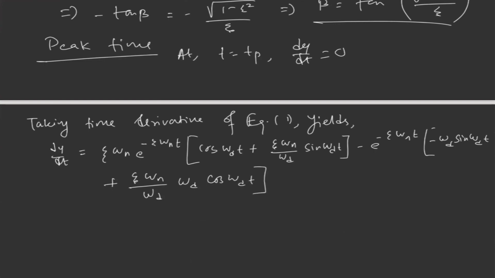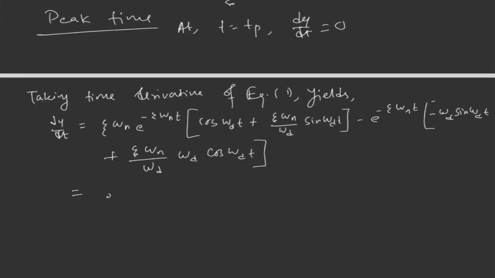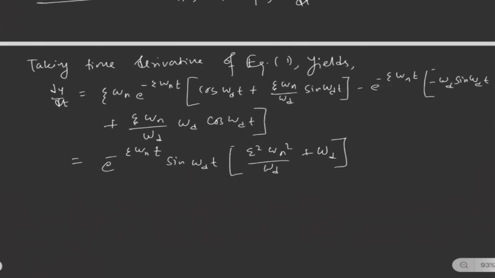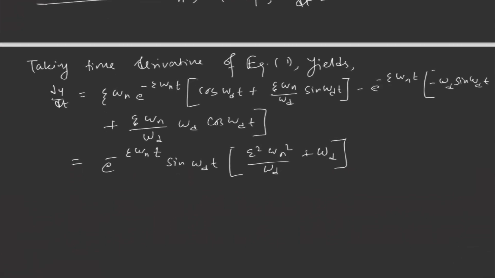And after rearranging, this expression yields e to the power minus zeta omega n t sine omega d t times (zeta squared omega n squared divided by omega d plus omega d). So this is how we can write the expression. Now let me write it as equation number 2.